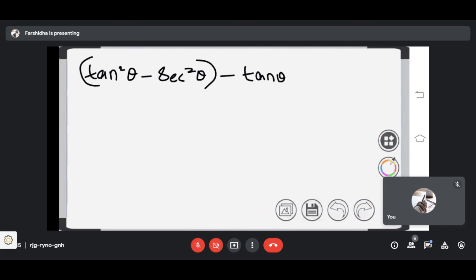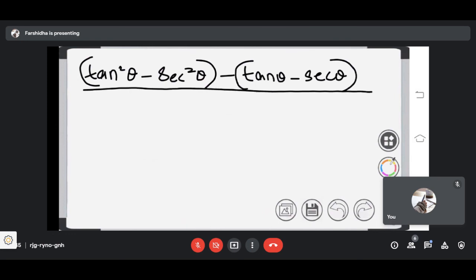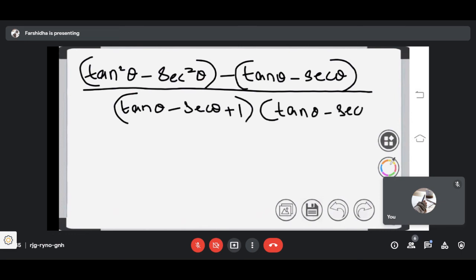Tan theta minus sec theta. Don't forget to put the bracket, divided by the same thing, tan theta minus sec theta plus 1 into tan theta minus sec theta. Same thing. In the next step, I'm going to remove this bracket.